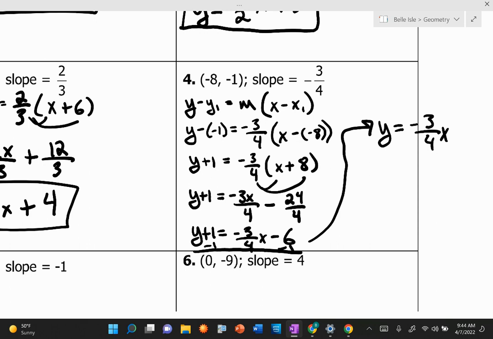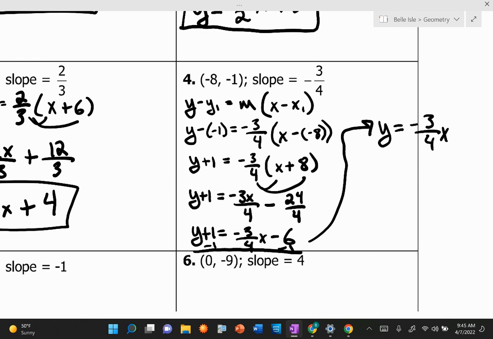If you didn't get that right, every time you see a problem like that, you need to drill it. That is the single biggest mistake that you guys are going to make on your state test, when you have a negative number and you're subtracting a number from it, because we just cannot seem to figure out which direction to go.